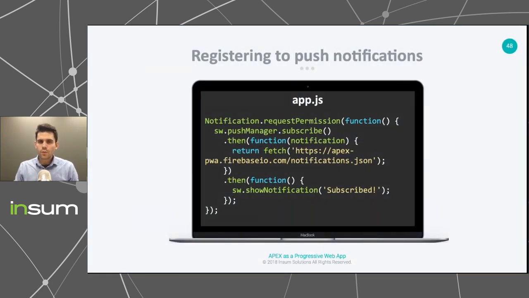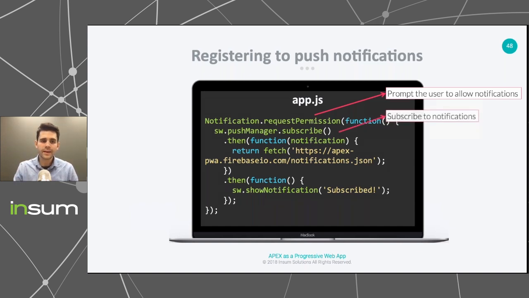Because we don't really want to create an app that spams everybody with push notifications, I think the first logical thing to do would be to ask permissions to send notifications. The way to do this would be by, first of all, prompting the notification request to the user. And then we want to subscribe to the notification.